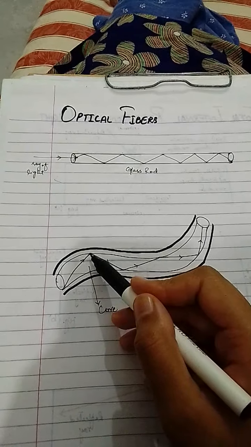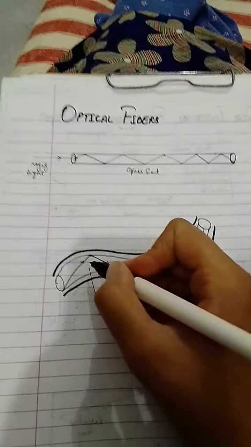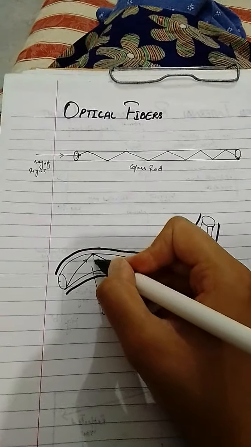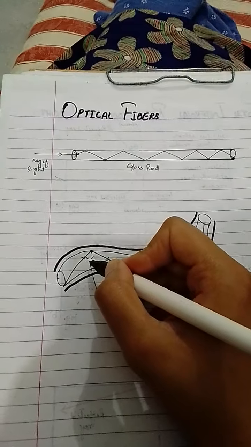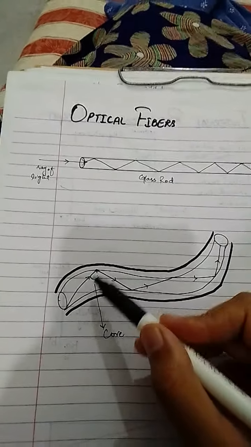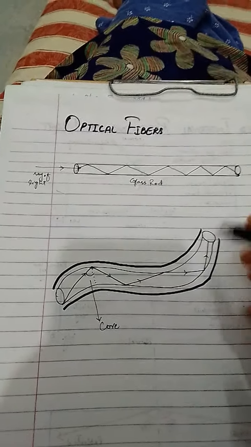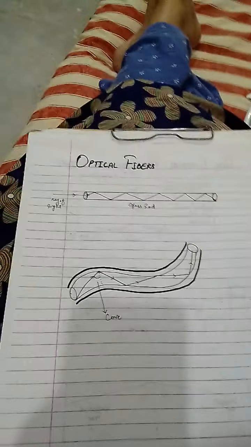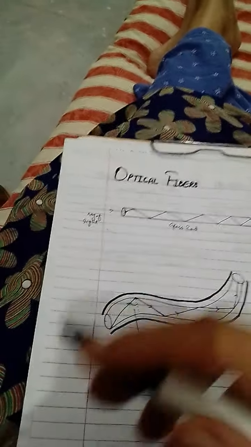The condition for total internal reflection is fulfilled because if we draw the normal here, this angle would be greater than the critical angle of the medium. So it gets reflected again and again, strikes the surface, and reaches its end.